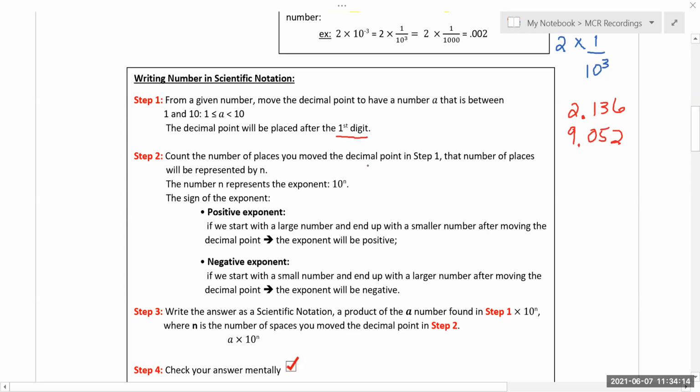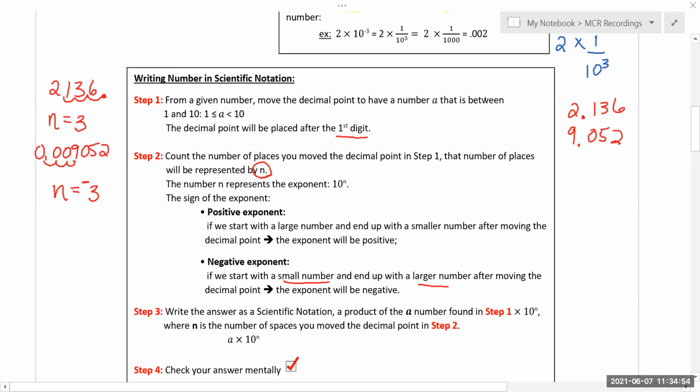And then you count the number of places you move the decimal point, and that's going to be your n. So what do I mean by that? If it was 2136, the decimal was right here. I moved it 1, 2, 3, so n would be 3 to get my 2.136. If the number was 0.009052, I moved it 1, 2, 3. So n is still 3, but in this case, because I started with a small number and turned it into a larger number, it's going to be negative.